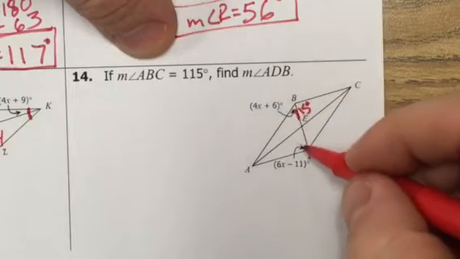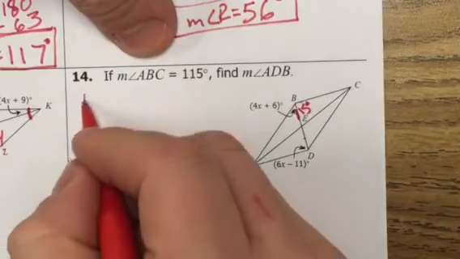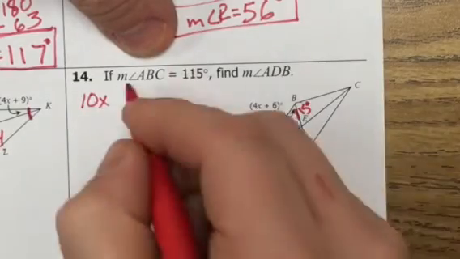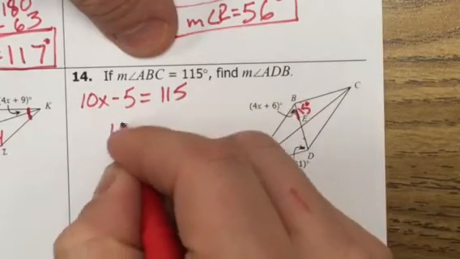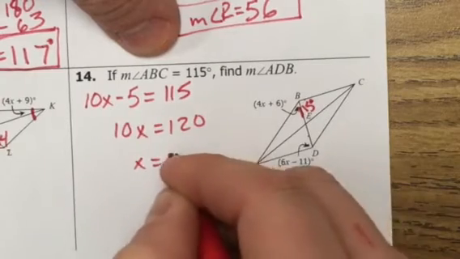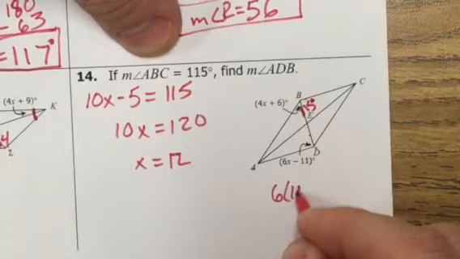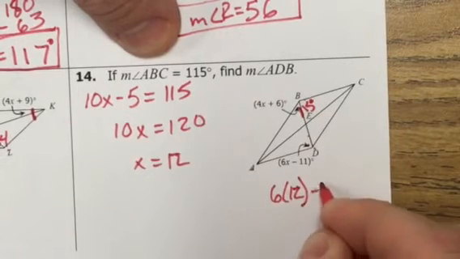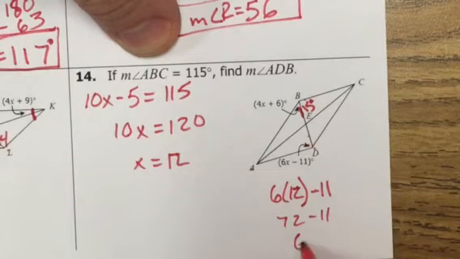Now, because of these angles being alternate interior, I could say that 10x minus 5 equals the 115, or 10x equals 120. X would be 12. And I want to know the measure of ADB, so 6 times 12 minus 11. That'd be 72 minus 11, which would give me 61 degrees for the measure of angle ADB.